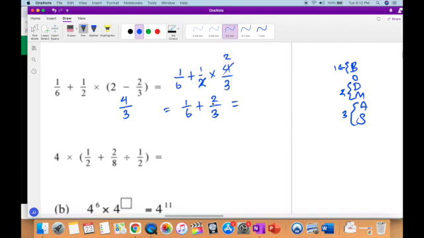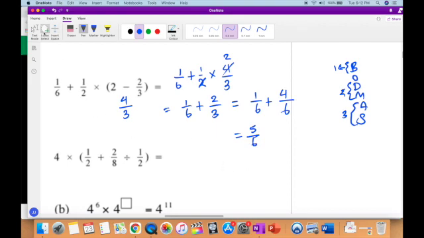If I multiply this by 2, I'll get 4 over 6. So what about 1 over 6 plus 4 over 6? Isn't 4 over 6 the same as 2 over 3? So I just converted the fractions so that they have the same denominator, and now we get 5 over 6 as the final answer.